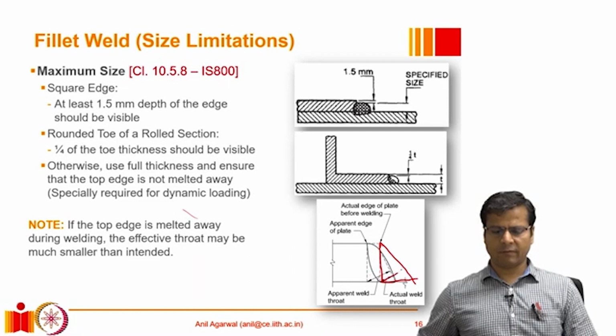But what may happen is, if we don't protect the top edge of the top plate, it may get melted away, and if that happens, we may not deposit sufficient width of the weld.